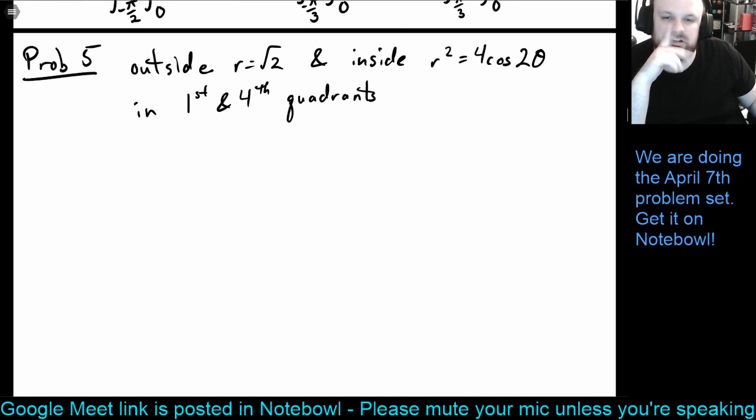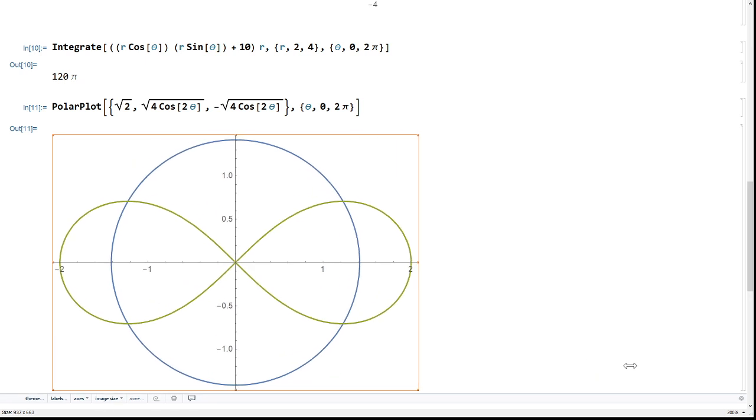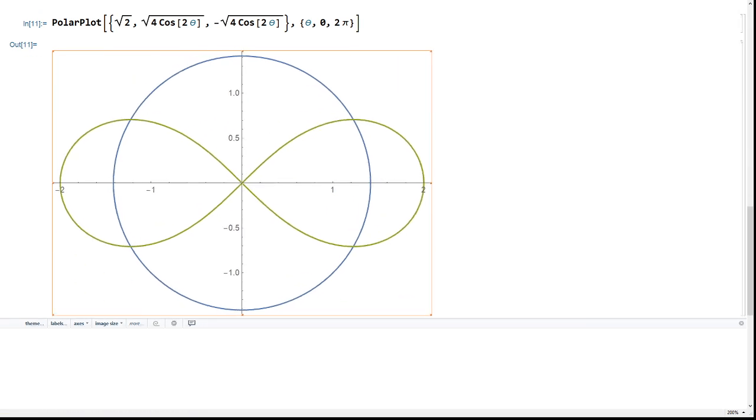So the region we're talking about in this problem is this region on the left here. Oh my god, I forgot to switch over. Right, so this is the graph of these two equations. That r squared one is obviously the figure 8, the lemniscate there.